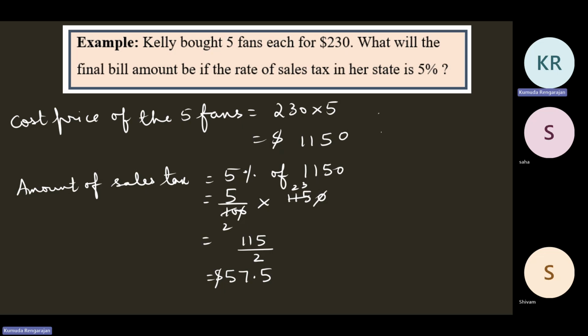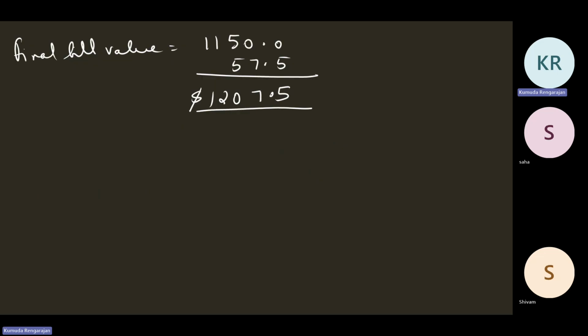So that's the final bill. On that, the tax of 5% will be calculated. So 5% of the final bill, 1150, which is 57.5. So that will be added to your bill, 1150 plus 57.5. This will be your final bill value.